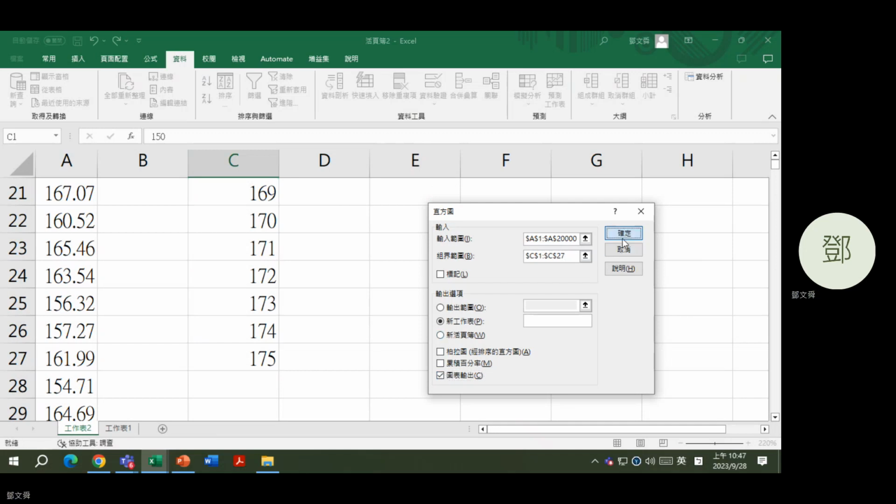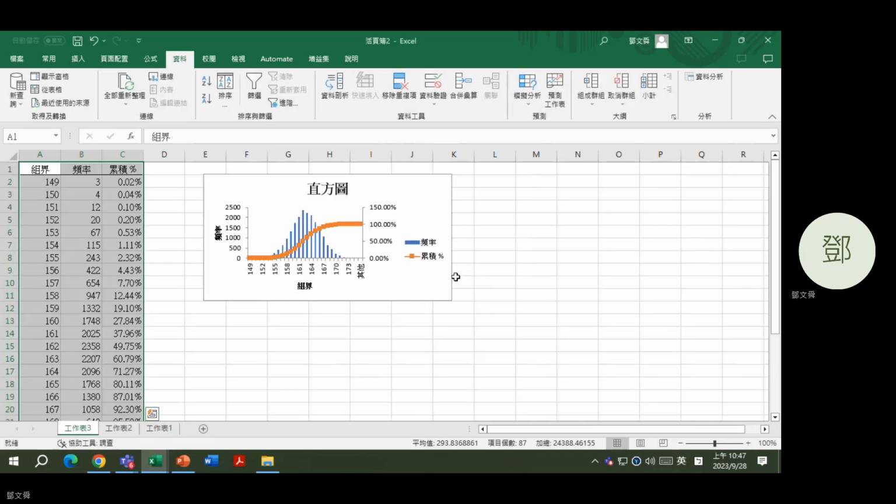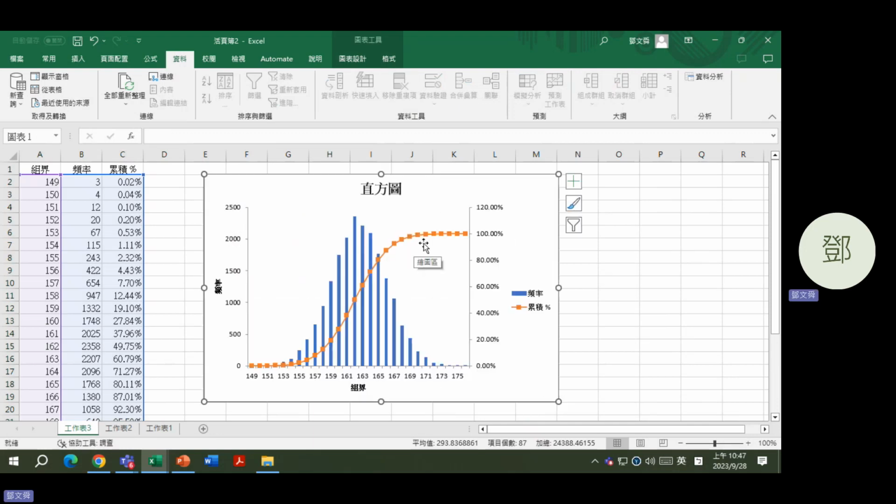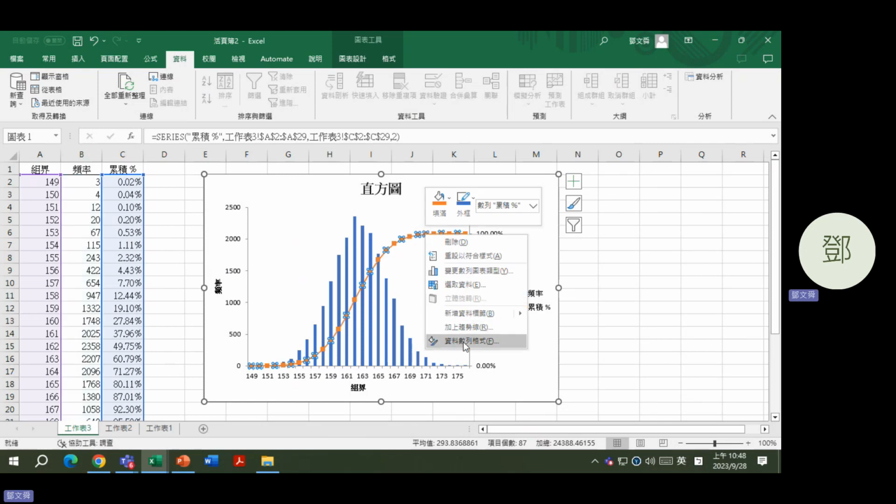And if you wanted to see the ogive, it is also available. Yeah, that's the ogive. The frequency, the histogram, and the ogive. All right, but we don't need it this time. I need this only this time.